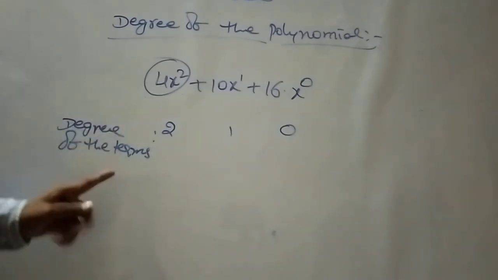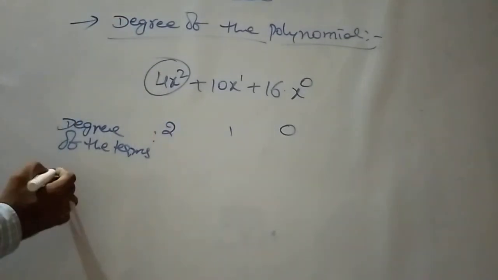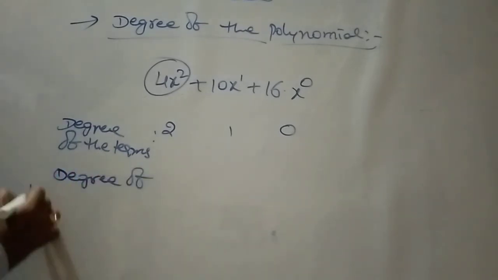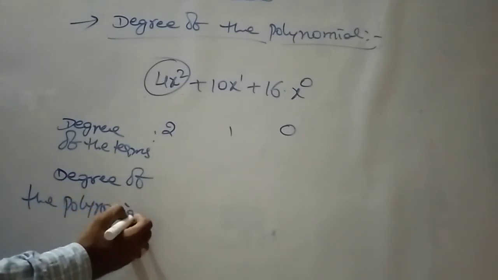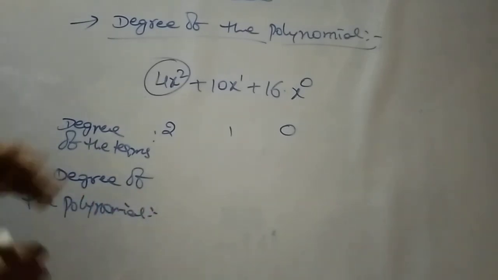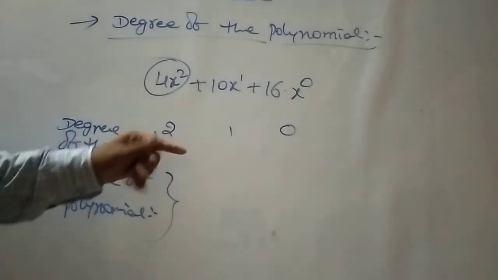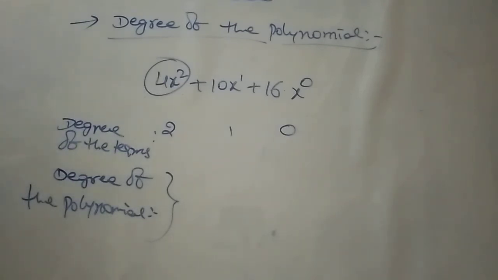Okay, now we want to say the degree of the polynomial. Now here there are 3 terms, each one having some degree: 2, 1, 0. In this, we take the greatest value, means the largest value.